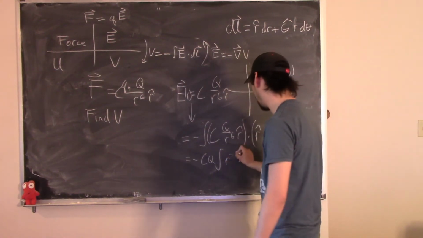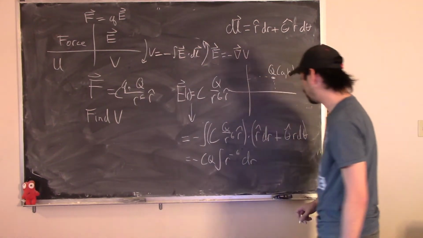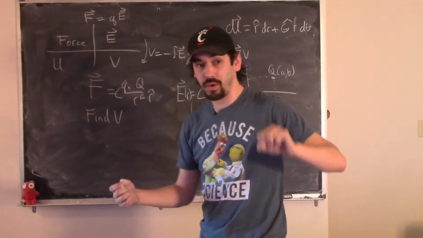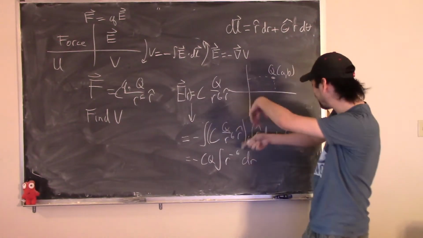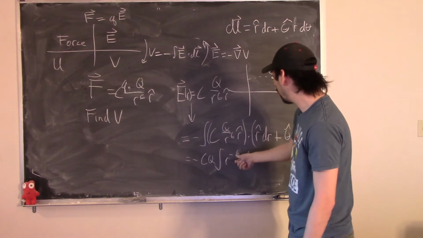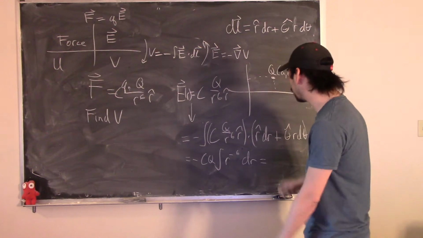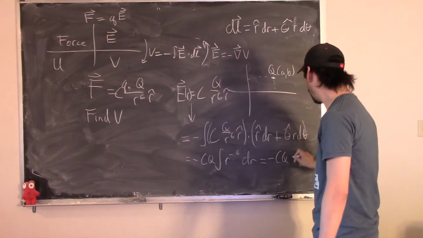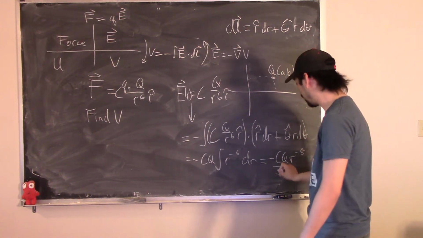This is r to the negative 6th times dr. Now we can integrate this with our basic rules for integrating functions like x to the n. So this would be like x to the minus 6. We look at the power here, add 1 and divide by that same value. So this is going to be equal to minus CQ r to the minus 5 divided by minus 5. The negatives are going to cancel here.